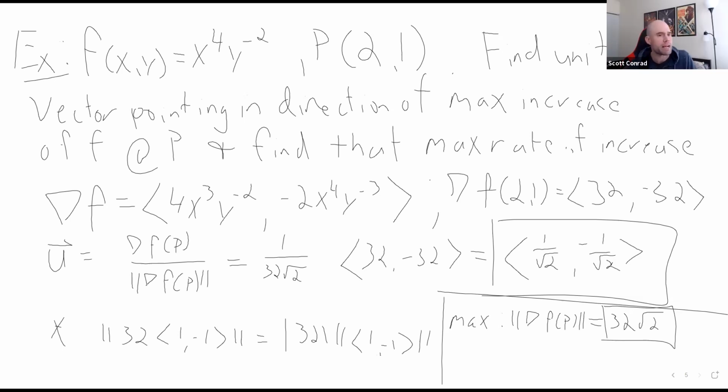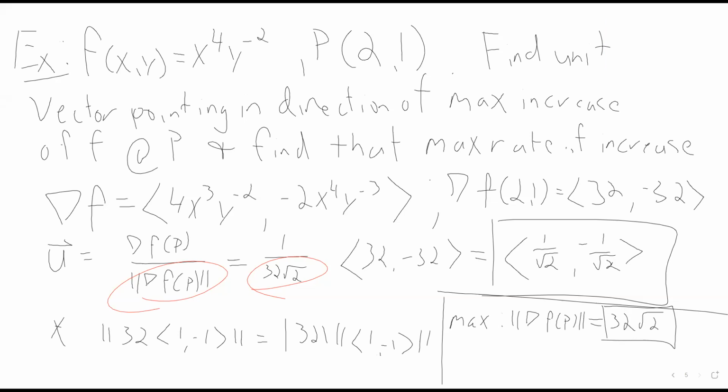So we know the max rate of increase is just the magnitude of the gradient, and we already calculated the magnitude of the gradient here when we were looking at the unit vector in the direction, because we need to divide by the magnitude. We already calculated the magnitude. Does that make sense? So the theorem says the max rate of increase is the magnitude of the gradient. Does that clear things up? Yeah. Okay.